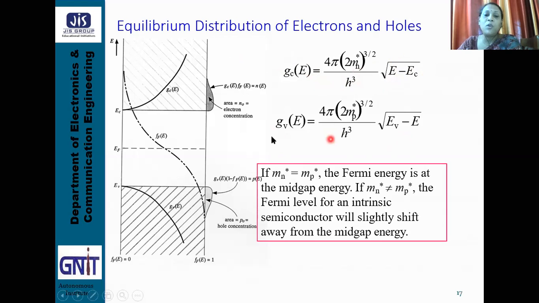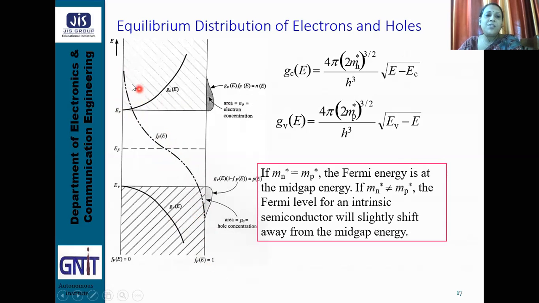Similarly, this is the formula of density of states of holes in the valence band. So this graph shows the density of states of electrons in the conduction band, and this graph shows the density of states of holes in the valence band. This is the distribution function, which is nothing but the Fermi probability, the Fermi distribution function.